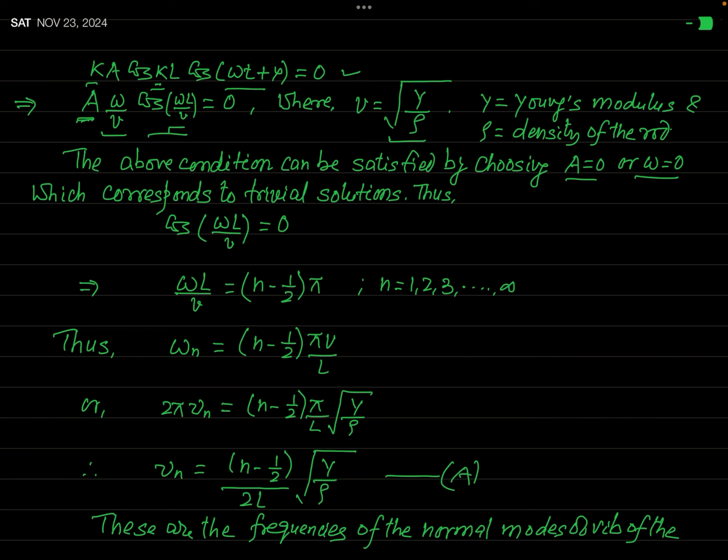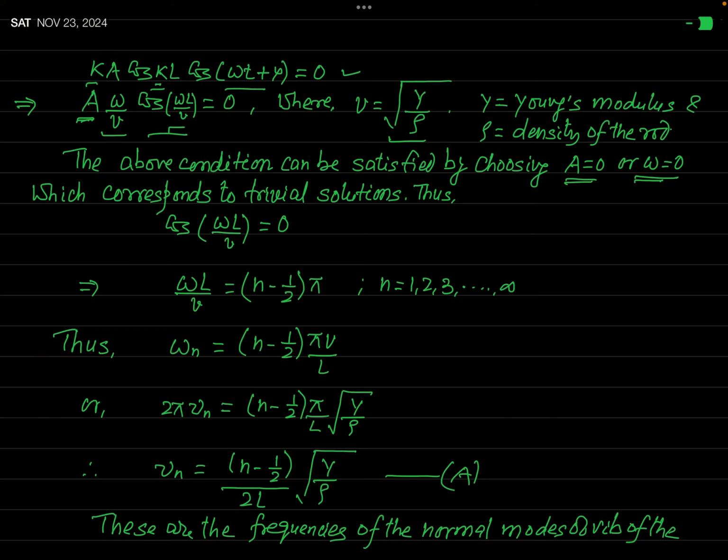If displacement a is 0 at all time, then the displacement of the particle will be 0 at all time, which means there is no vibration of the rod. But since our rod is vibrating, a can't be 0. Omega is the frequency of vibration, and if it is 0, no vibration is taking place. So these solutions, a is 0 and omega is 0, are called trivial solutions, which are not possible. So you must take that neither a nor omega is 0.